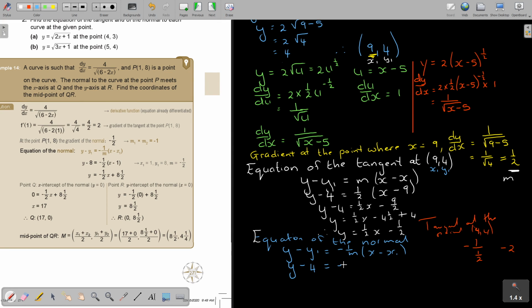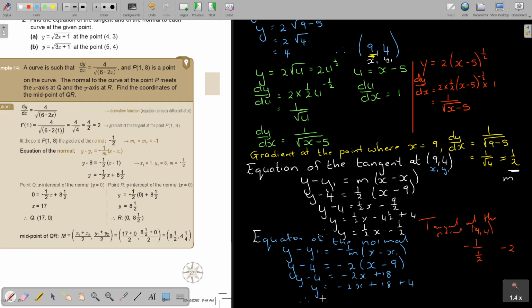So I decided to do it rather on the side there. So I can just substitute. So x minus, and now don't forget that it's going to be 9. So y minus 4 is equal to negative 2x plus 18. So y is equal to negative 2x plus 18 plus 4.